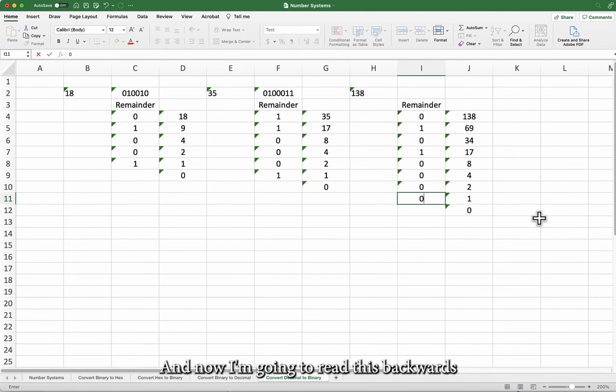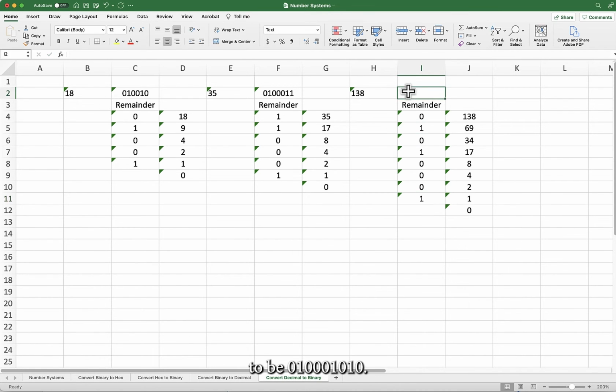And now I'm going to read this backwards, and I get what? Well, it's going to be 1, 0, 0, 0, 1, 0, 1, 0. And that is the correct answer.